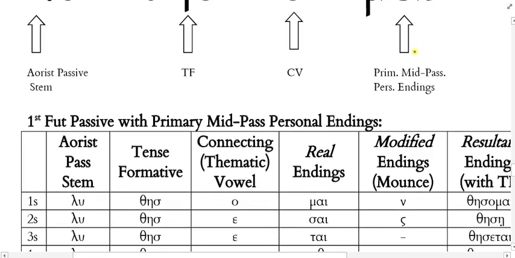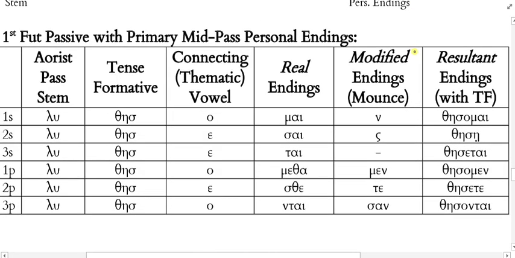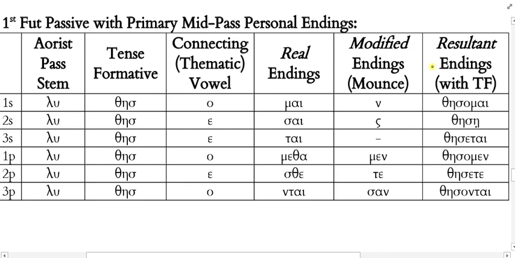So here is how this is going to look when we actually start to build the forms. No augments, but using the aorist passive stem. Lu, lu, lu, lu, lu. Tense formative, thesa, thesa, thesa. Connecting vowels are alternating between omicron and epsilon depending upon what the real ending is. Mai, sai, tai, metha, sthe, ntai.